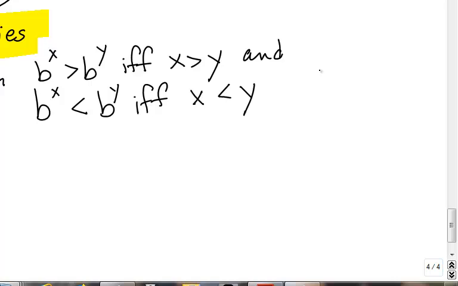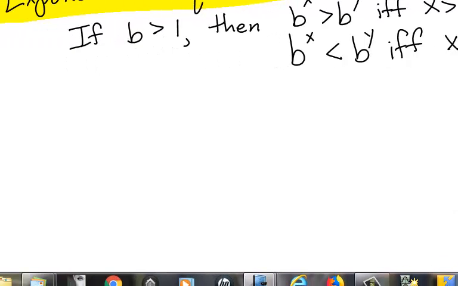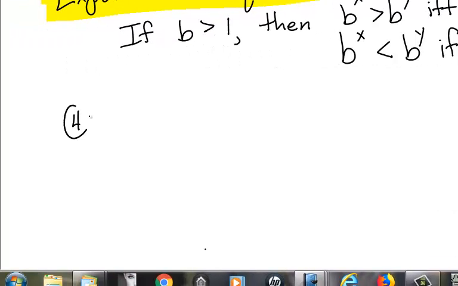This will make more sense with an example. So they will say solve.